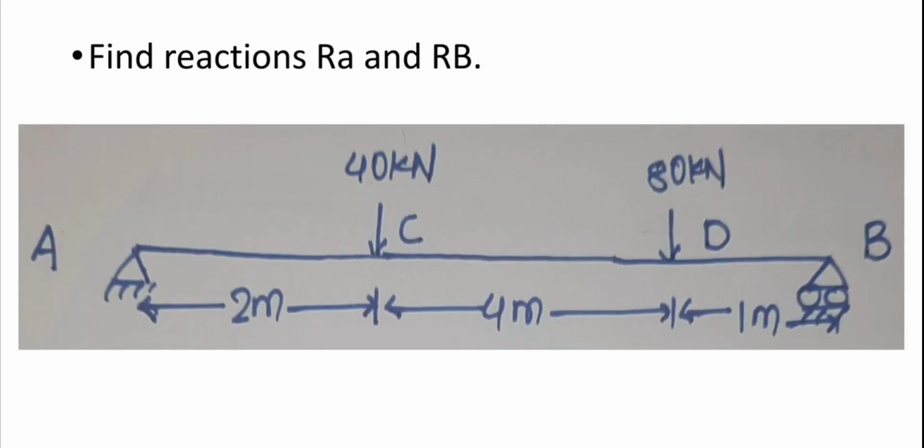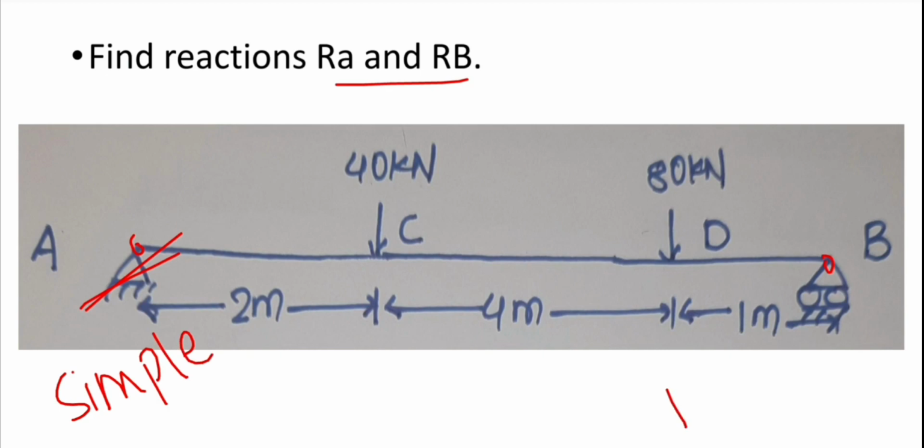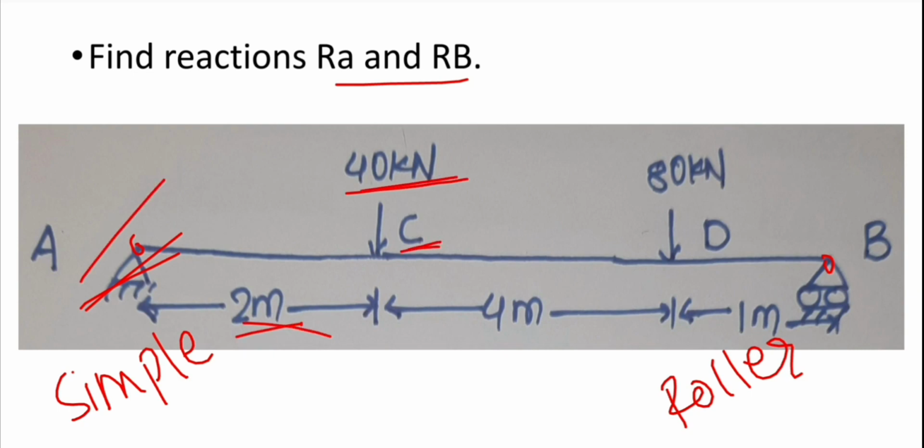So let's see an example. Find the reactions Ra and Rb. Okay, this is point A, this is point B, a beam AB. At A there is a simple support, and at B there is a roller support. At a 2 meter distance from A, there is a point C on which a 40 kilonewton force is acting in a perpendicularly downward direction.